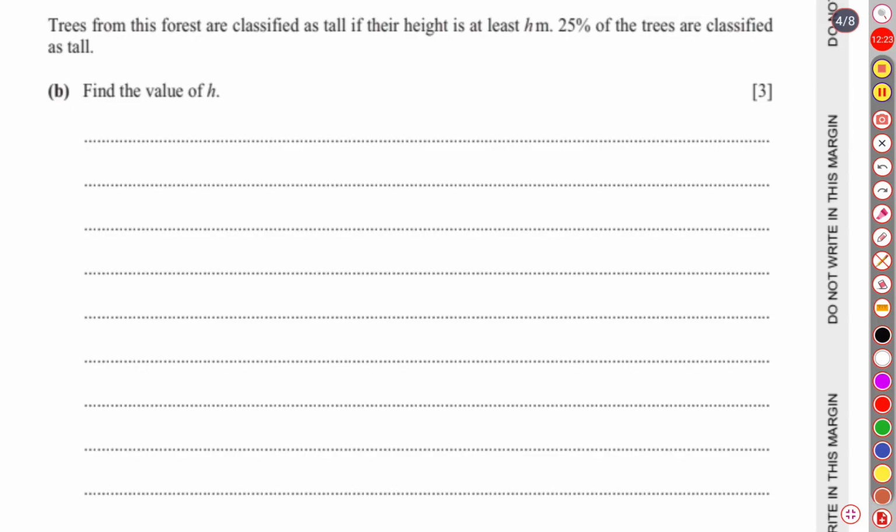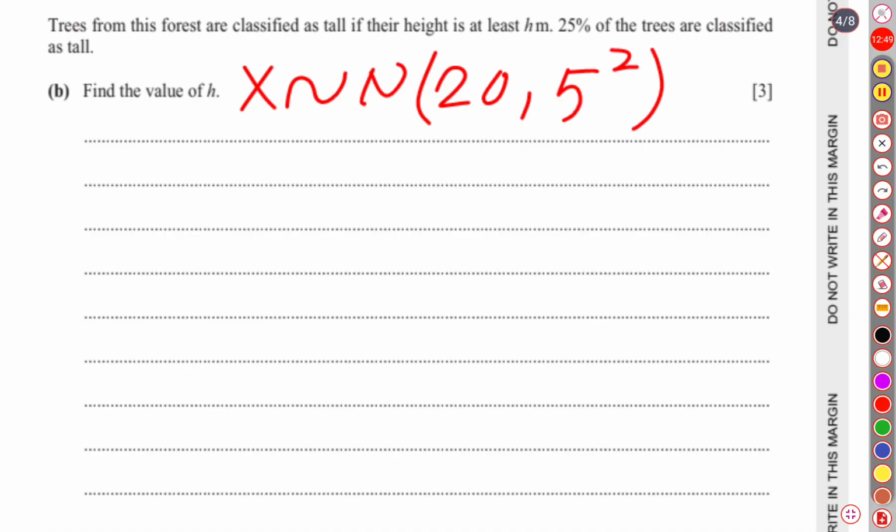So, following the previous solution, we can solve it easily because we are still under the same normal distribution. For normal distribution, we know X belongs to normal distribution and the parameters are what? Mean was 20 and our variance was 5 squared, means standard deviation was 5.